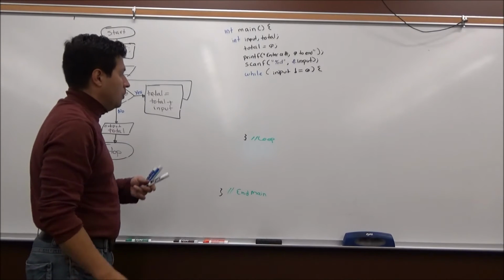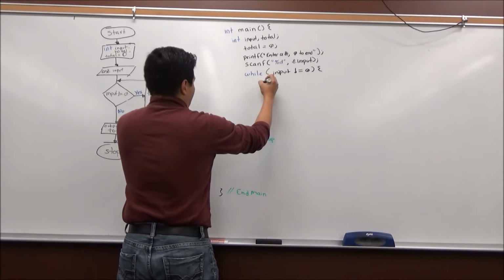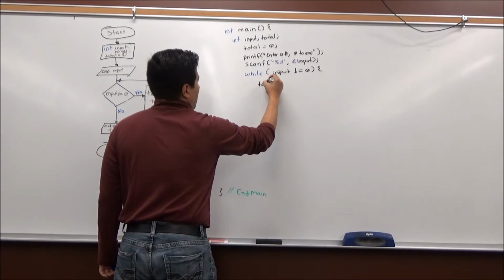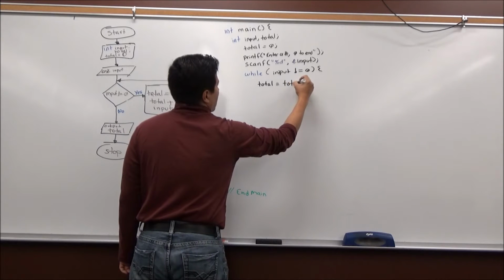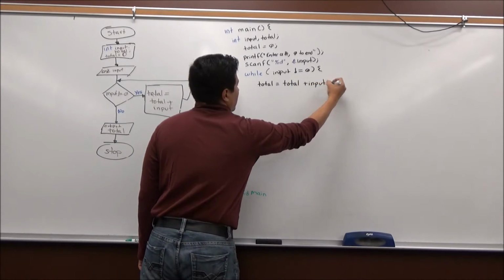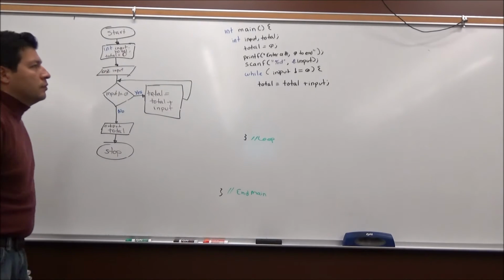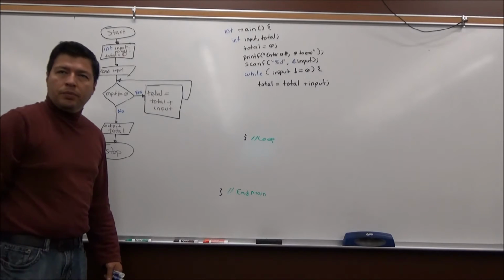So since it was true, I need to increment my total to be whatever the total was before, plus whatever the user entered, right? But right now I'll get stuck in an infinite loop.